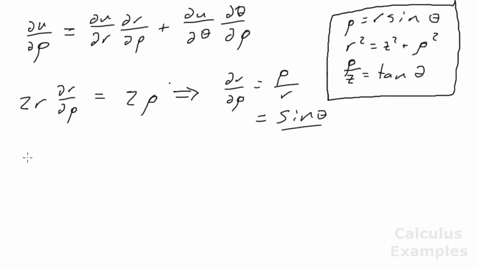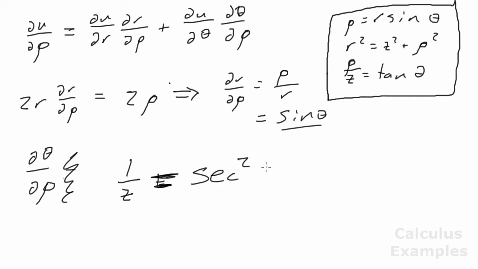Let's move on to the second one, which is partial of theta with respect to rho. Again, we're going to use implicit differentiation, and I believe we're going to use the last equation. So let's do the first side. That's 1 over z is equal to, getting sloppy here, secant squared of theta times d theta d rho. So secant squared is 1 over cosine squared.